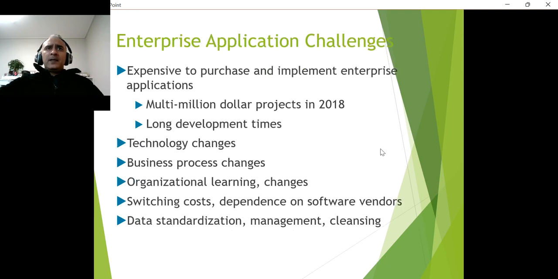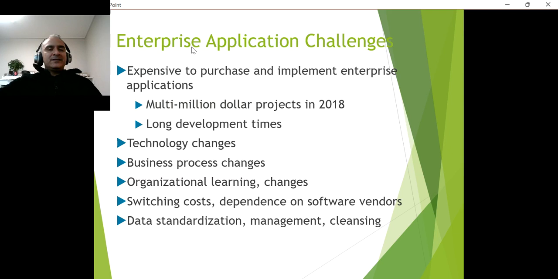Okay, so now the problems of ERP challenges. I mean, what is the problem of getting one of these things? So first of all, they are expensive, very expensive, because in the end, you are acquiring a software that has a lot of complexity.